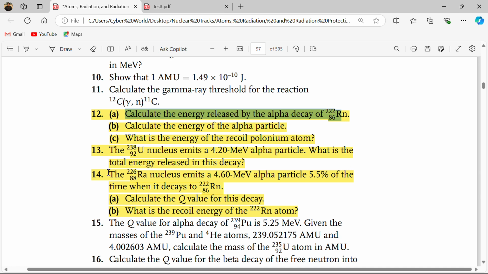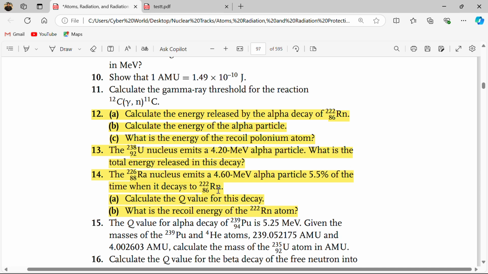Now move towards the last problem of this topic, alpha decay. Now your radium-226 (88) nucleus emits a 4.60 mega electron volts alpha particle when it decays into radon-222.